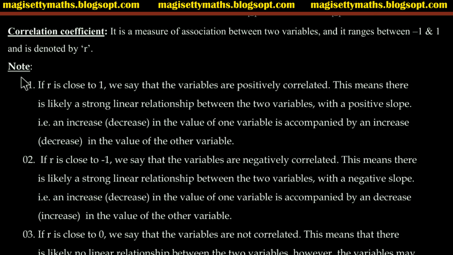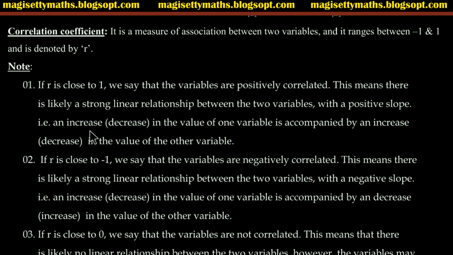Now here we have important notes. If r is close to 1, we say that the variables are positively correlated. That means there is a strong linear relationship between two variables with positive slope. That means any increase or decrease in one variable is accompanied by an increase or decrease in the value of the other variable.